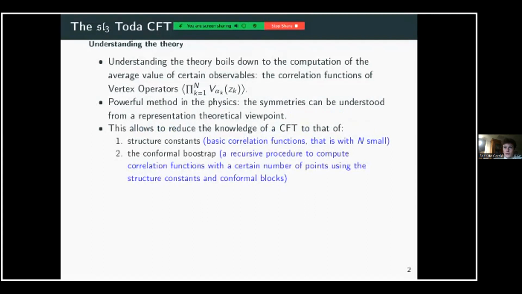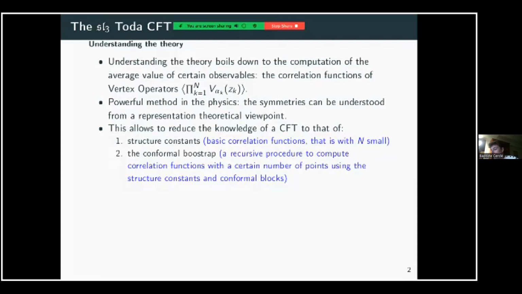And all these constraints imposed by the symmetries, after proper representation theoretical study, show that the knowledge of a conformal field theory reduces actually to that of two fundamental items. First, the structure constants of the theory, which are really specific to the theory, and these are just the basic correlation functions, that is with n small.